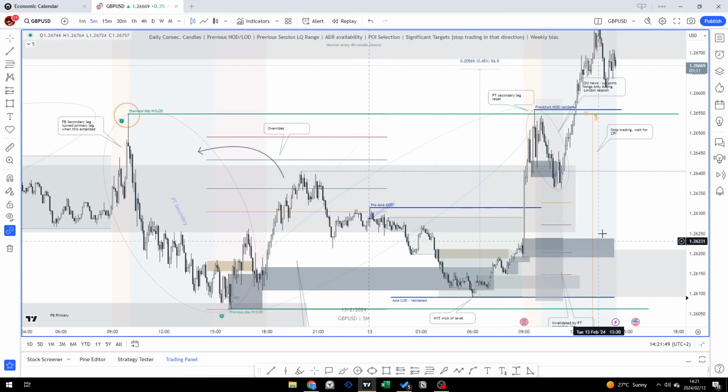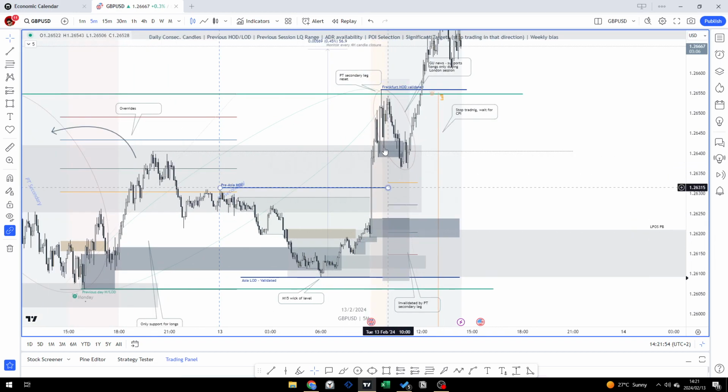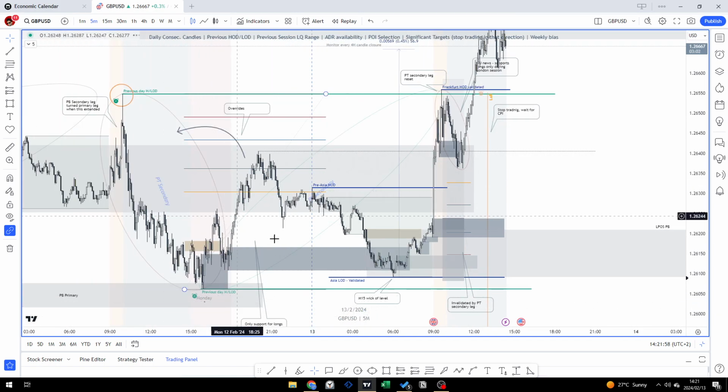If we quickly just glance at the London session, because going into it we had reasons to both long and short, we didn't know that this was going to be a body break. So what we did know is that the pullback phase secondary leg was at play in the morning, and as a result of that we were considering longs.